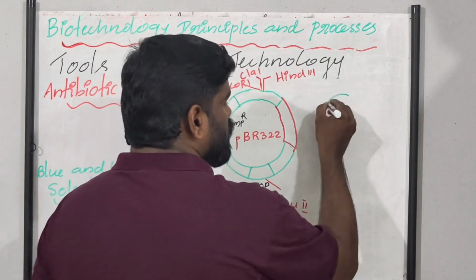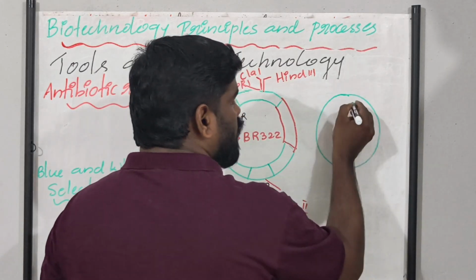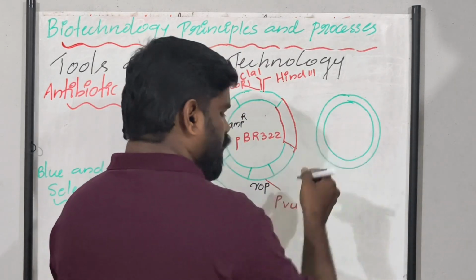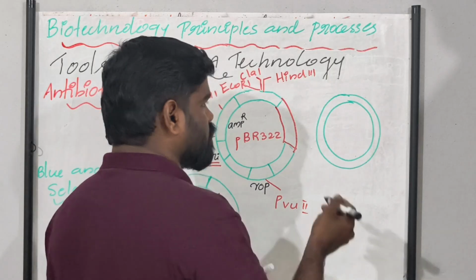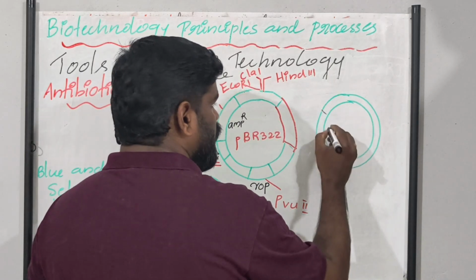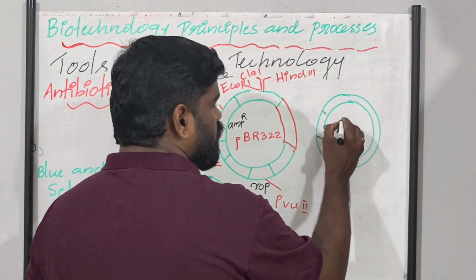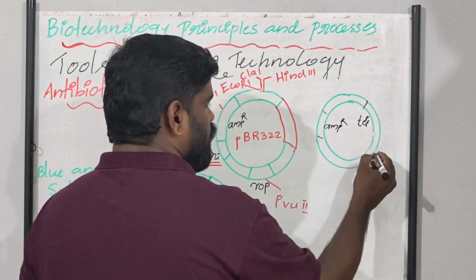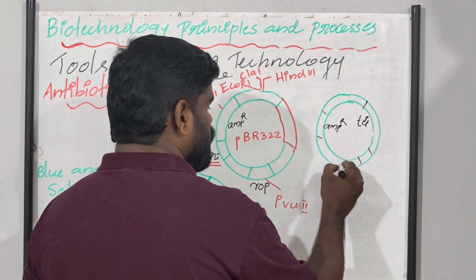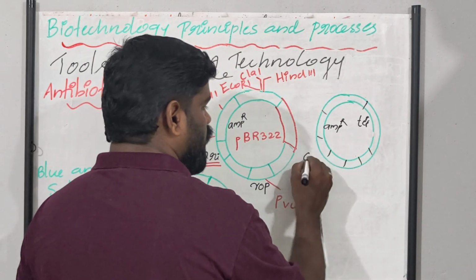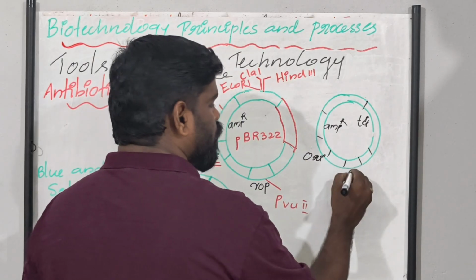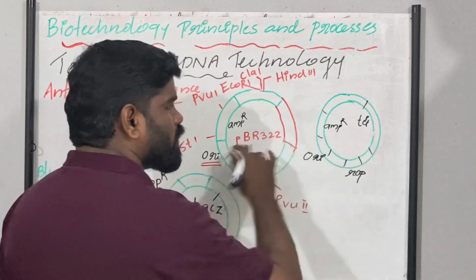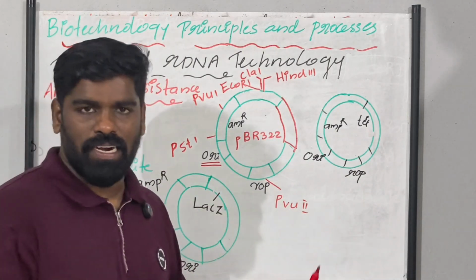Just imagine that this is the non-recombinant vector, a vector which has all the characters. The non-recombinant vector has the ampicillin resistance gene, the tetracycline resistance gene, and all the other characters like the ORI site and ROP.